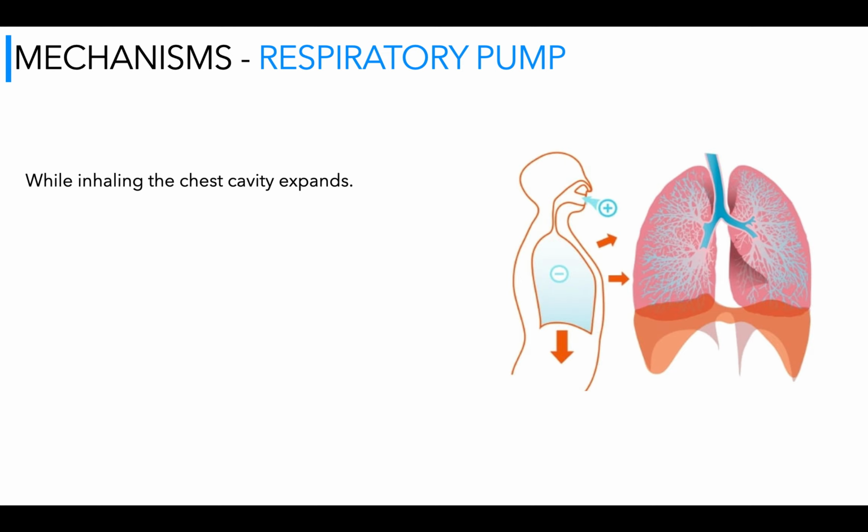When we inhale, during inspiration, when we draw air into the lungs, we create a difference in pressure between the thoracic cavity and the abdominal cavity. We also create a pressure difference between the air outside, but we'll talk about that in the respiratory video.